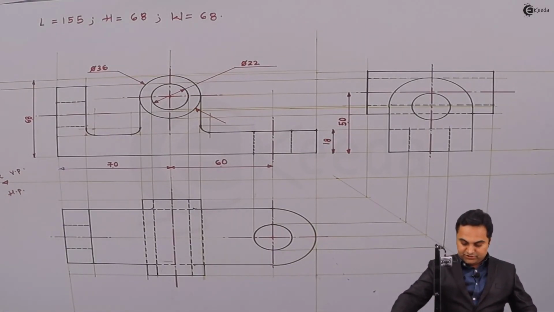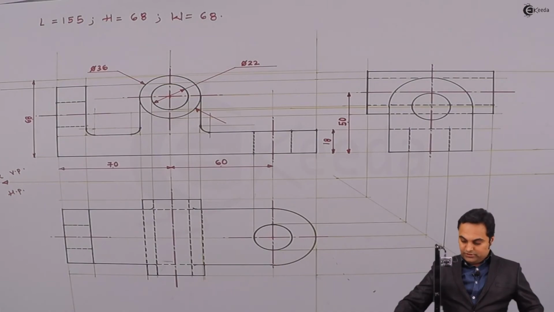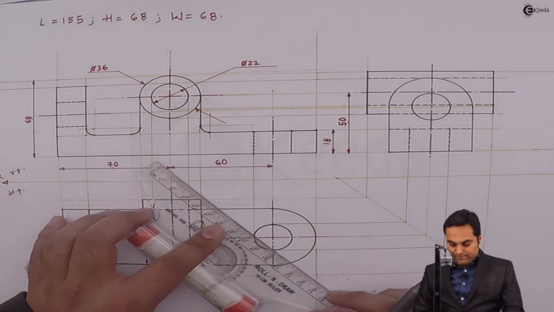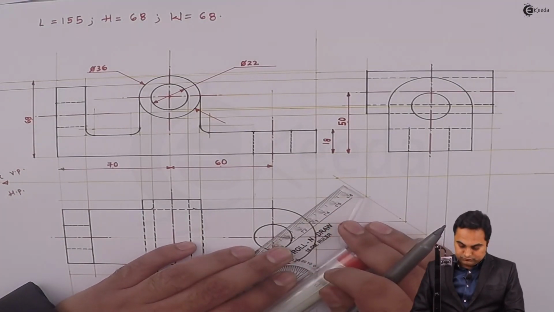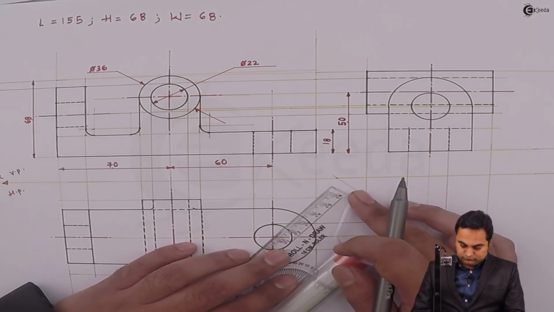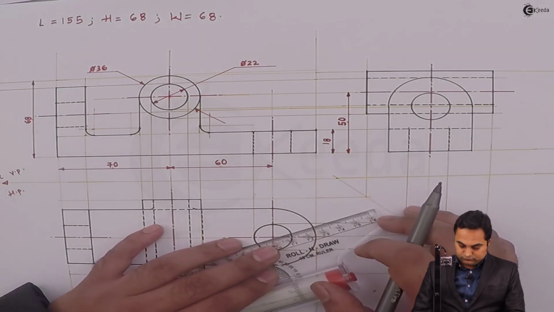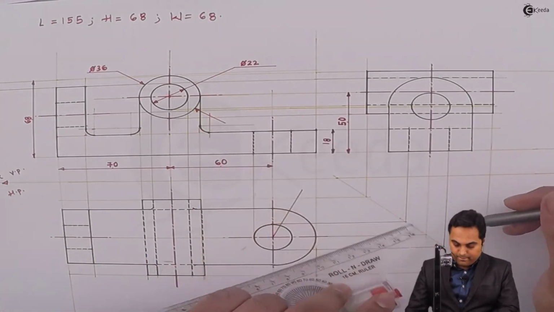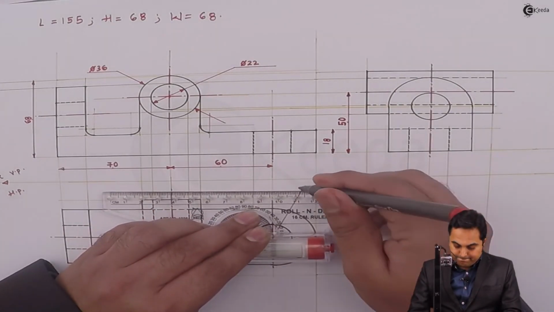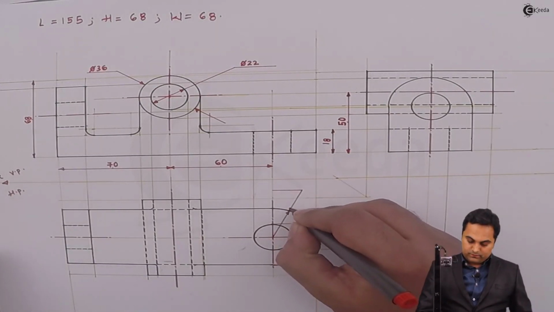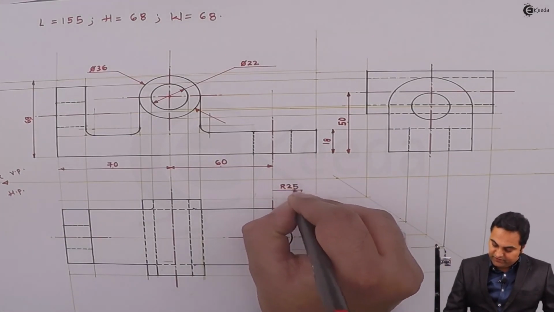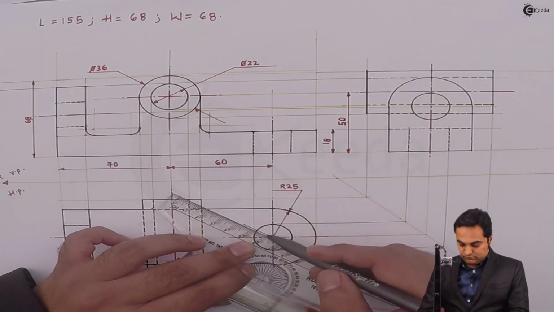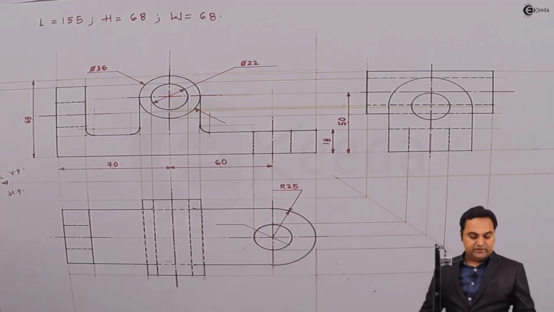Next, giving the dimensions in the top view. Here the first thing is this outer semicircle is seen. Its radius is 25 mm. Radius is 25 mm. Then this inner circle having diameter 22 mm.